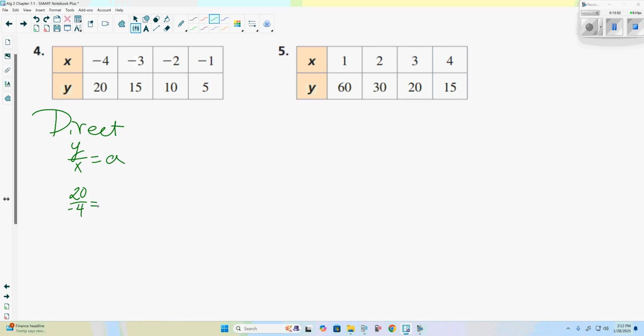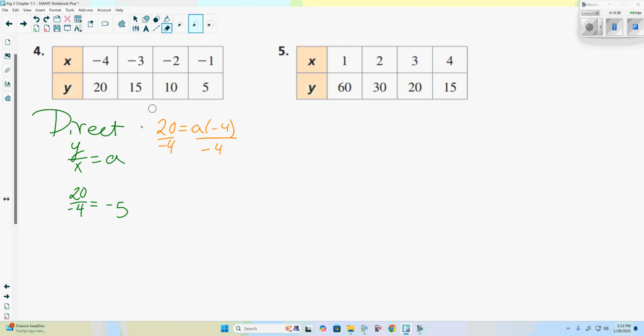We could use the other ones, but the main one I want is that the a is by itself. Because we do have y equals a times x, and we could use that. Because y is equal to a times x, we would need to figure out what a is, so we would divide both sides by -4, telling us that a is -5.